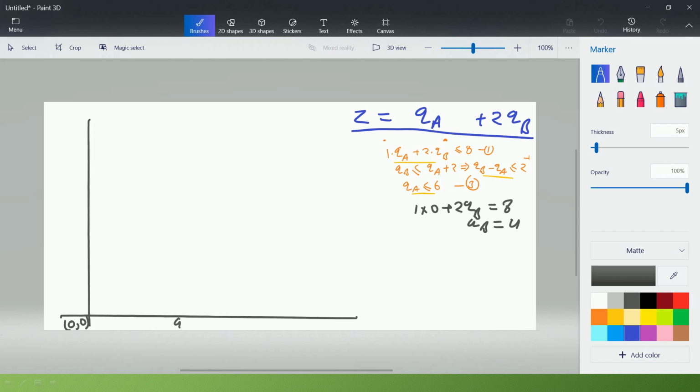Considering QA in this direction and QB in this direction. So when QA is equal to 0, QB is 4. This point is 0 comma 4. Okay. And when QB is equal to 0, QA is equal to 8.